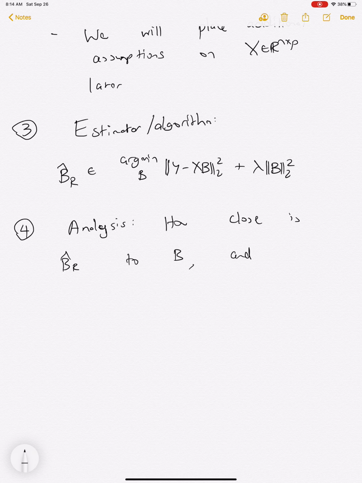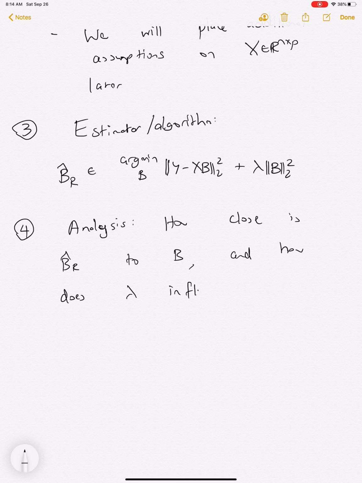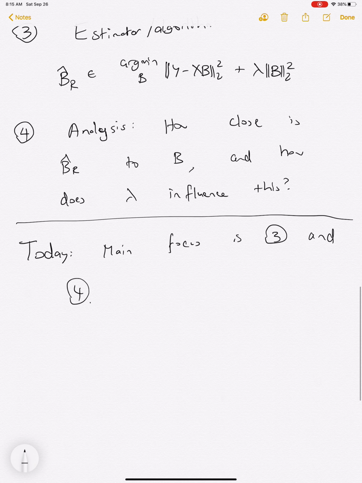And importantly here, how does lambda influence that? Today the main focus is really on the third and the fourth component of this framework.